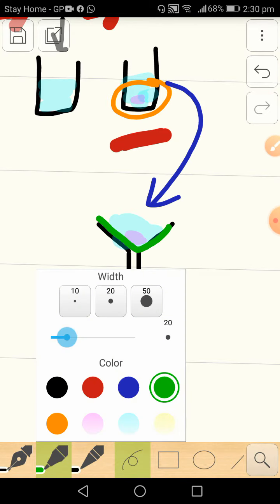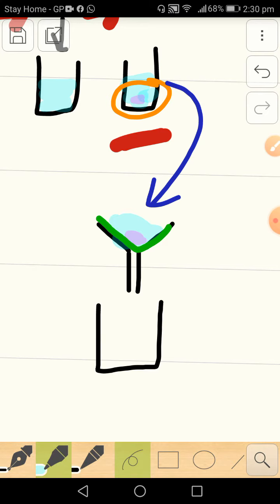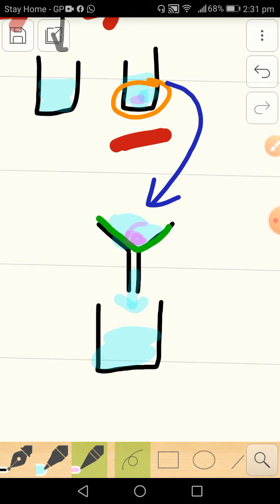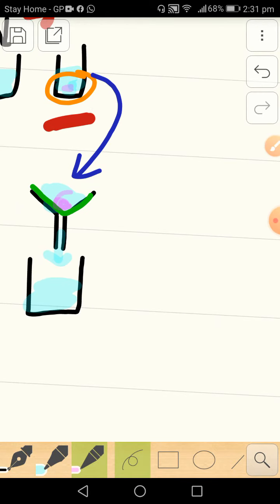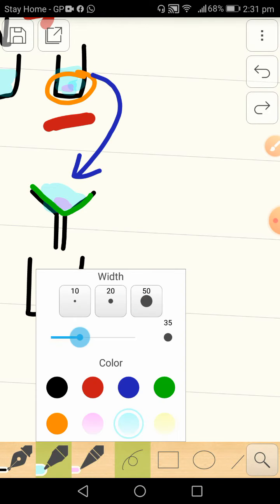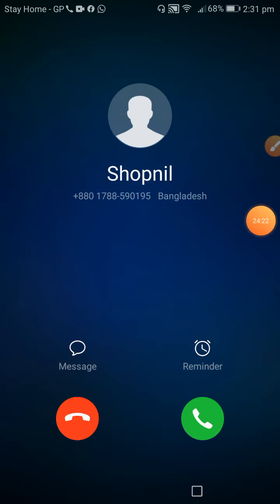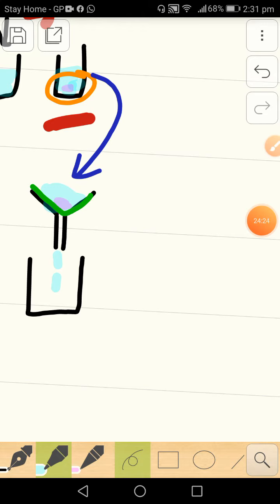Then what will happen is that the solution will fall to the bottom from here, and the solid will remain over here. So the ultimate result would be like this. Drops are coming down from here.